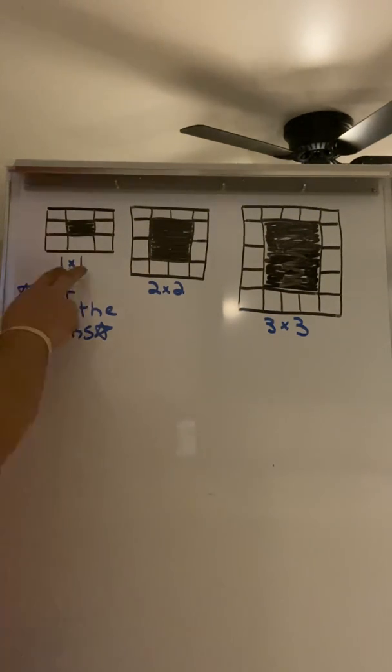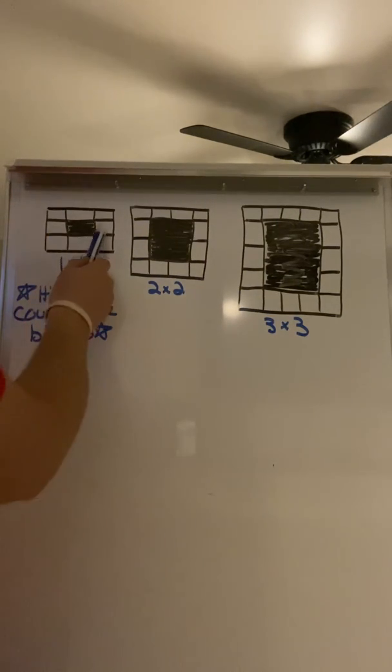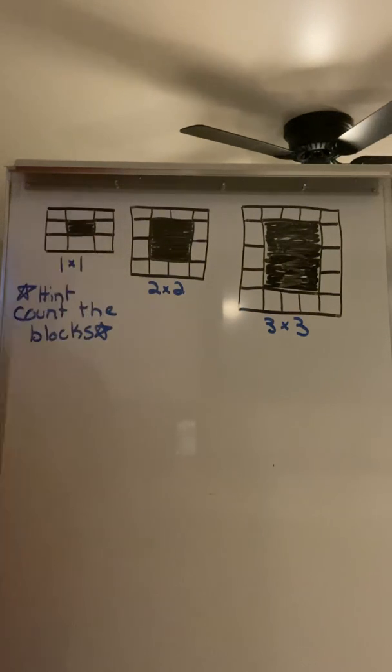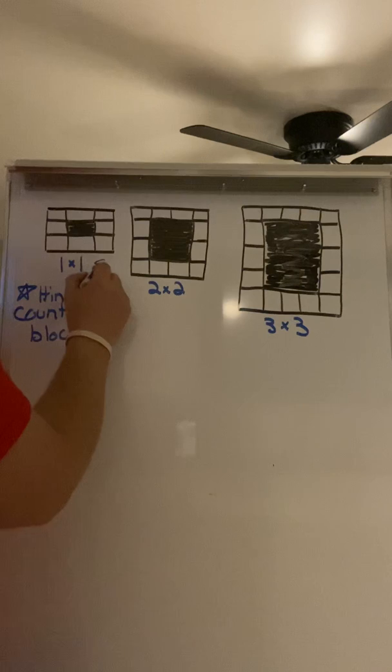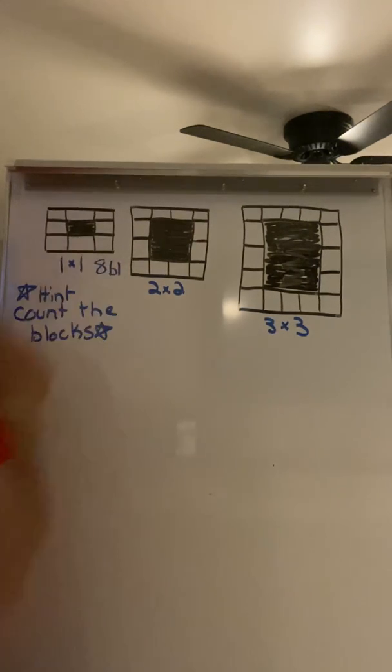So when I look at my 1-by-1 block, and like I said, this is going to be on page 476 in your book. If we count these, you have 1, 2, 3, 4, 5, 6, 7, 8 blocks. So your 1-by-1 equals 8 blocks.